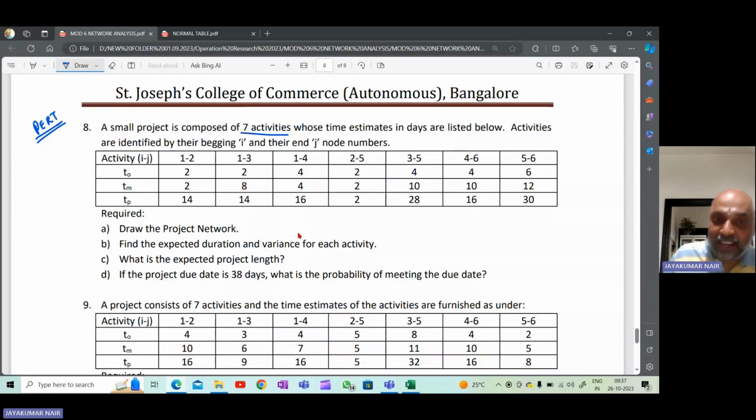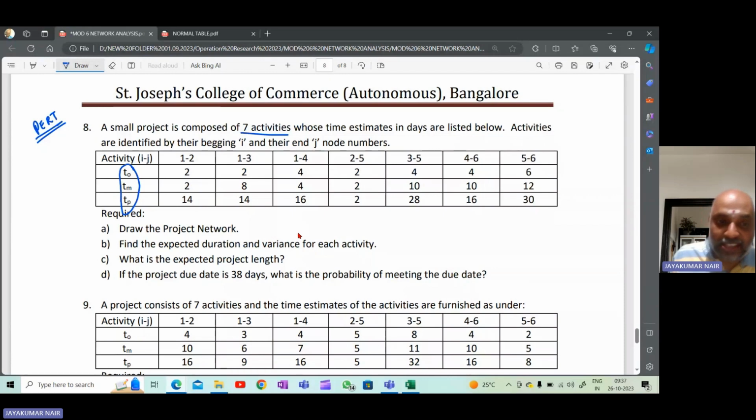Activities are identified by their beginning I and their end J node numbers. So activity 1-2, 1-3, 1-4, 2-5, 3-5, 4-6, 5-6, and the 3 time estimates are given to you. TO means optimistic time, TM means most likely time, and TP means pessimistic time.